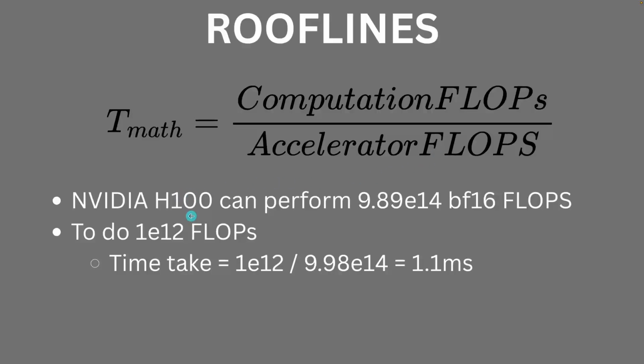The example that we saw in the last slide was for the NVIDIA H100, which can perform almost 10E14 BF16 FLOPS, and this goes into the denominator if you're using an H100 for calculating the time taken by our computation. So suppose you are doing 1E12 FLOPs. Your total time taken is 1E12 divided by the NVIDIA H100 FLOPS, and it will take around 1.1 milliseconds.